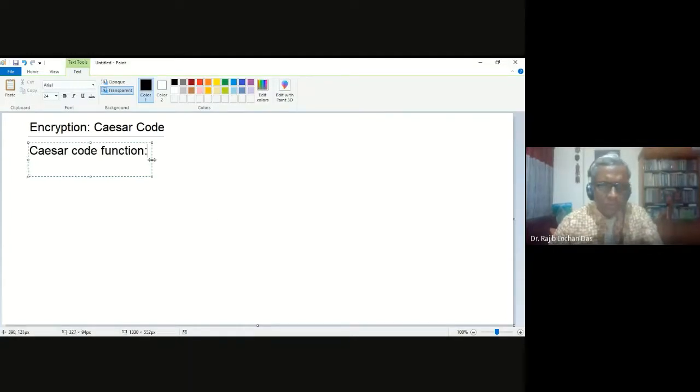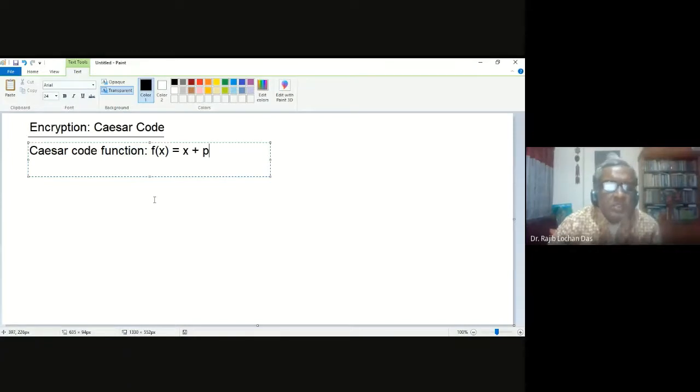It is actually like f(x) equal to x plus p, something like this. P is any number.